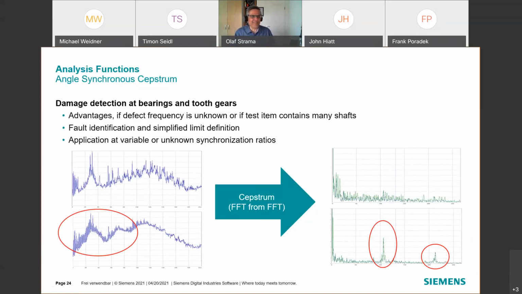Therefore, any knowledge about the kinematics of the device under test is very welcome if we want to do a fault identification or metric definition. That helps us to choose the right method, to find the right components in our curves, and to set up the right metrics.